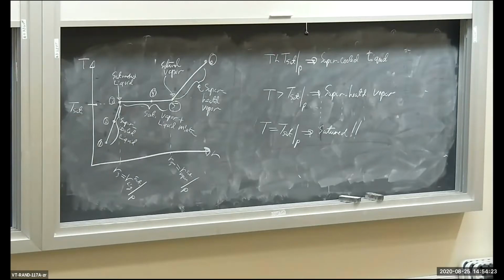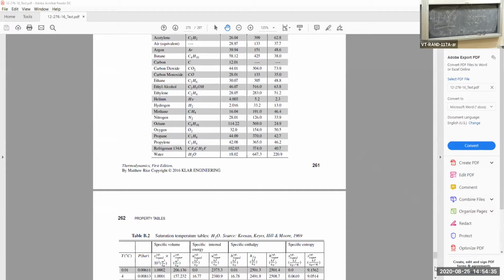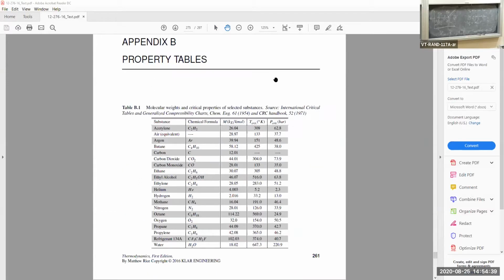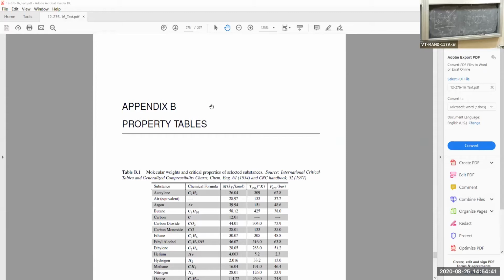Let me show you what some of these are. Let's go back to the notes. So at the very end of the text, we have Appendix B, which is property tables.